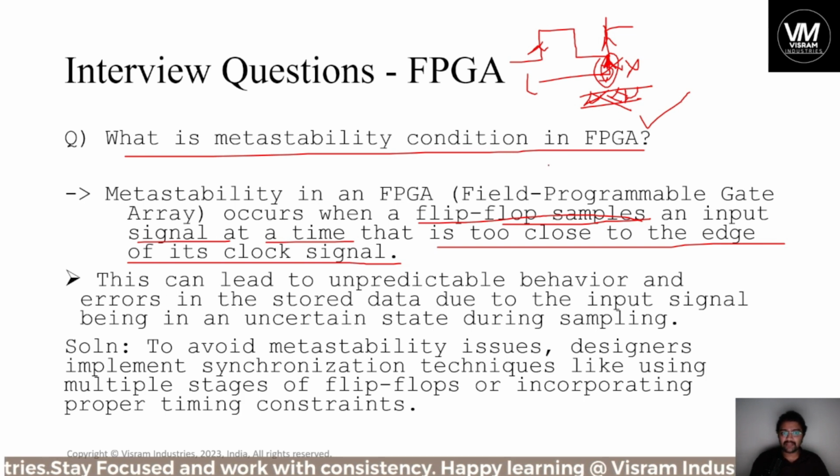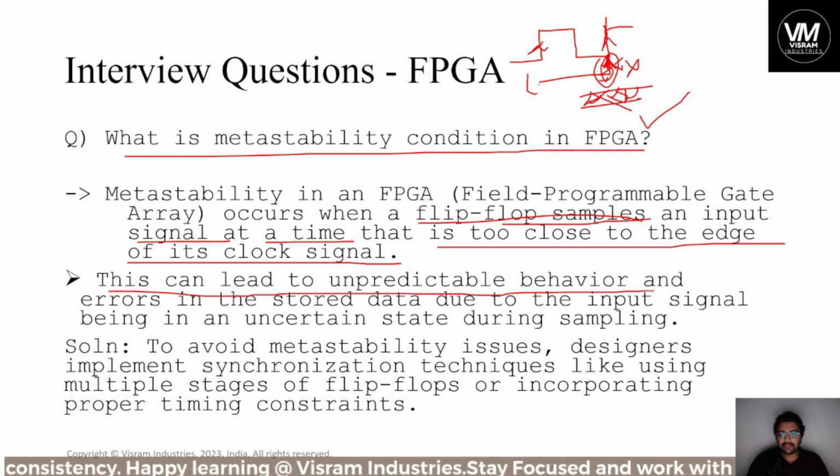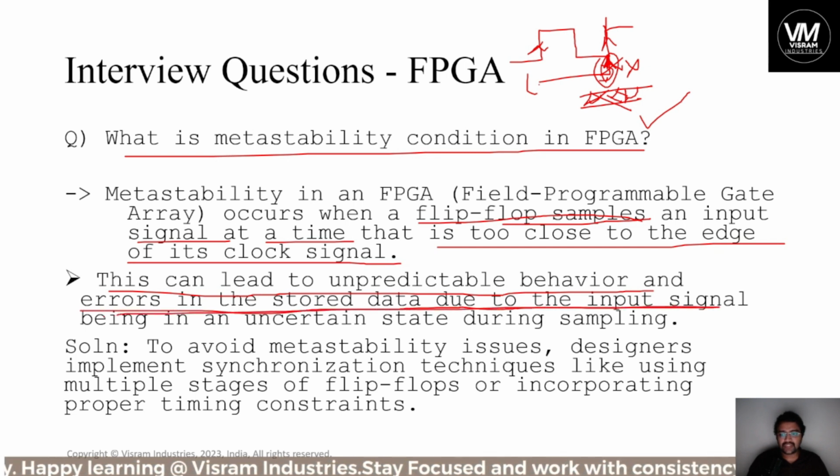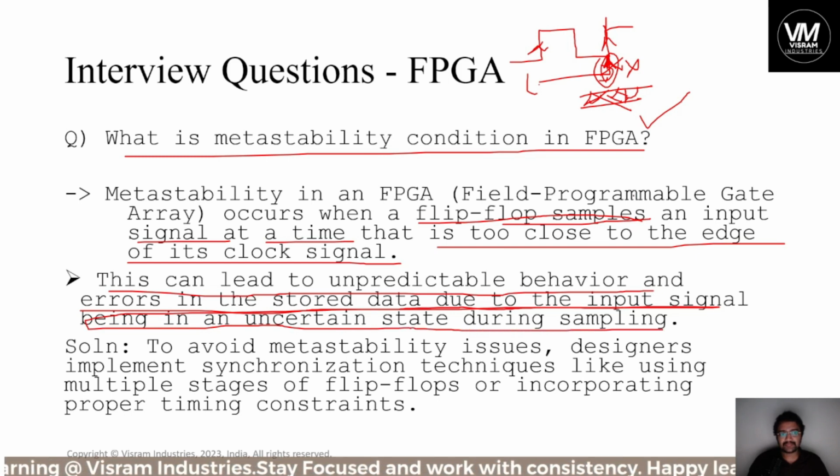At that point of time, due to the flip-flop output, there occurs a condition called metastability. This can lead to unpredictable behavior and errors in the stored data due to the input signal being in an uncertain state during the sampling.